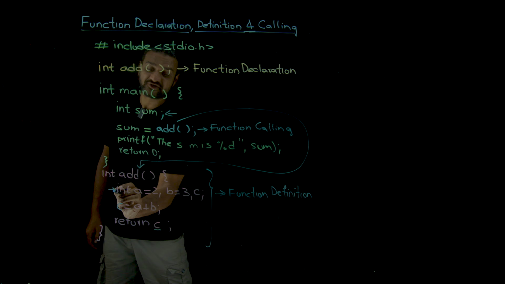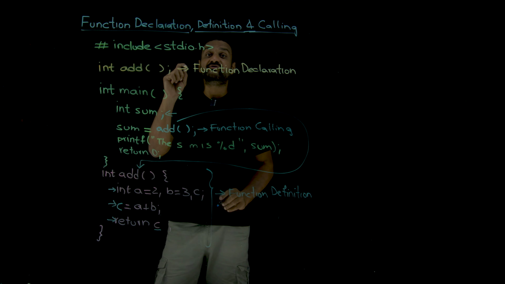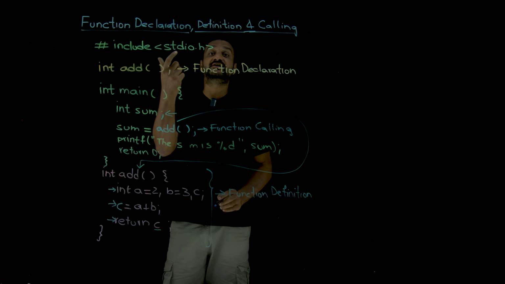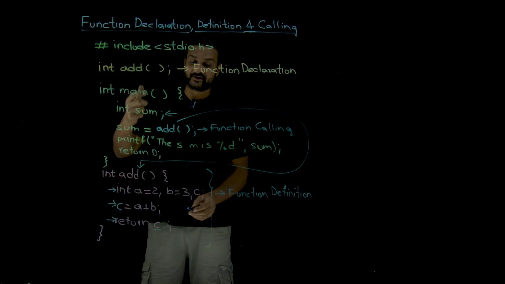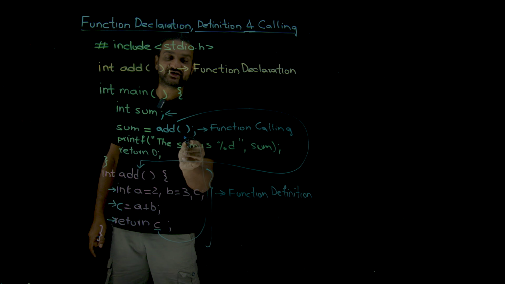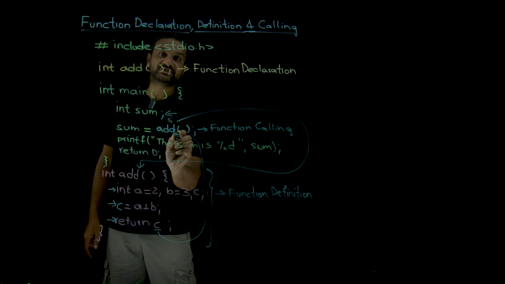The first line will get executed, after that this line, and after that the value will be returned. Where will it be returned? It will be returned to the place from where the function has been called. So in our case, the value 5 will be returned back to this place.